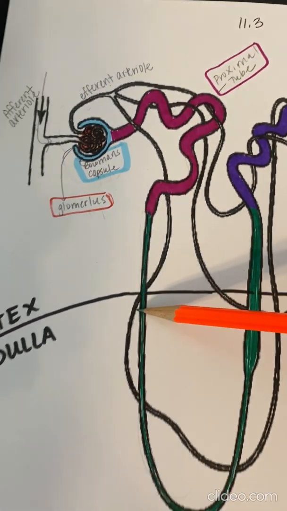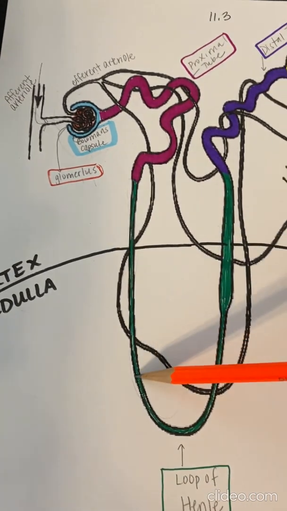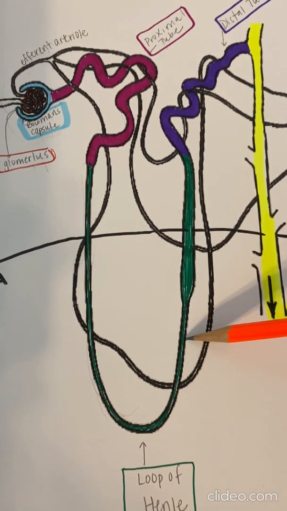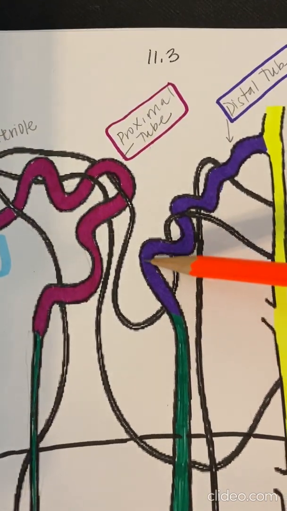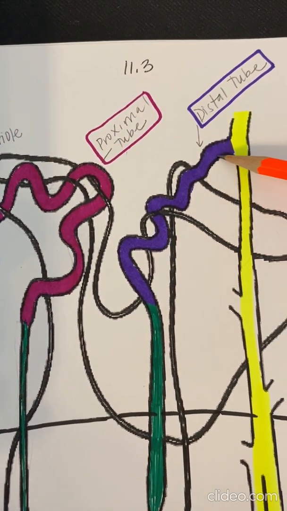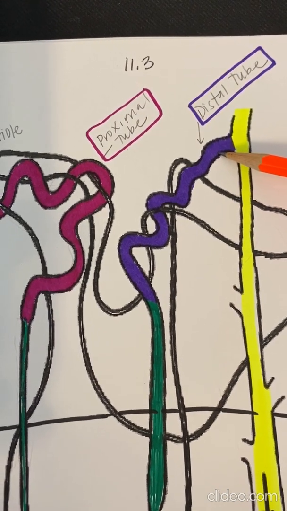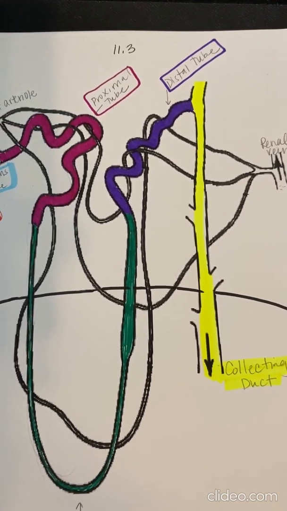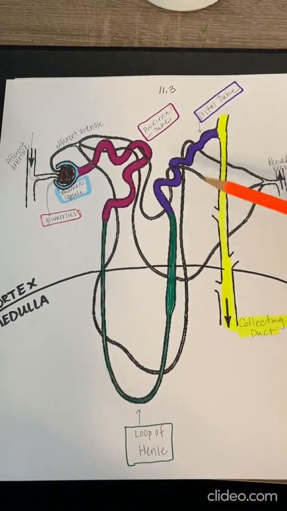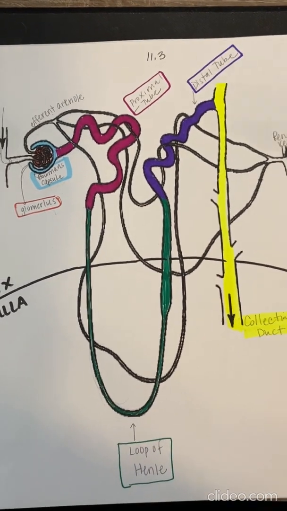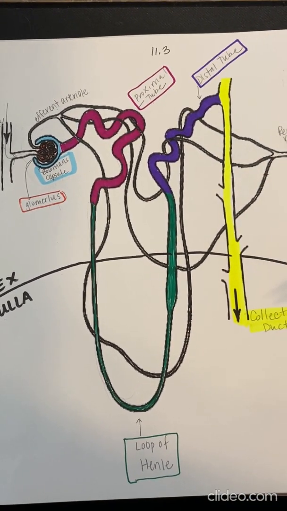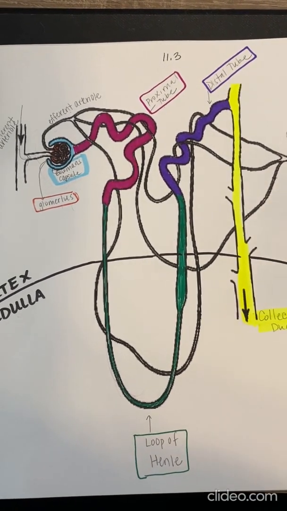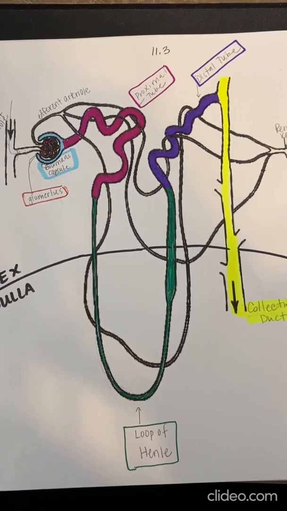This thing here in green, which dips into the medulla, is the loop of Henle. We go back up and we have this in purple, which is the distal convoluted tube. And lastly, here in yellow is the collecting duct. So this is the structure of the nephron, and I'm going to have you first start labeling these structures and color coding them, and then we'll go over what actually happens in the nephron.